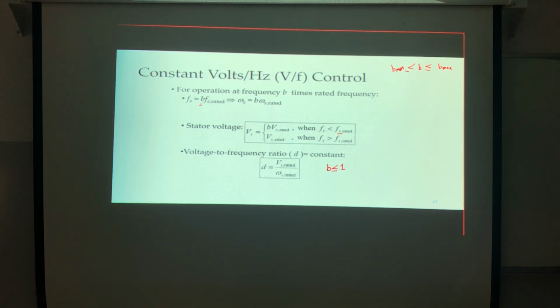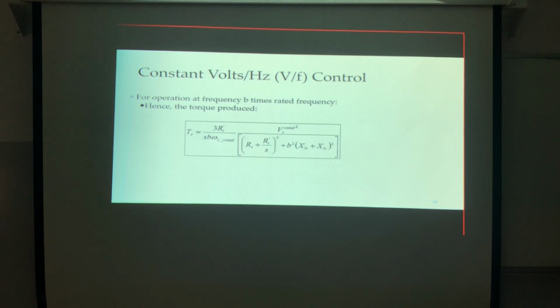Otherwise, I cannot keep it. If B is greater than 1, can I keep this one? No. This ratio between the voltage and the frequency is kept constant if and only if B is less than or equal to 1. Above that, I cannot maintain this relation.